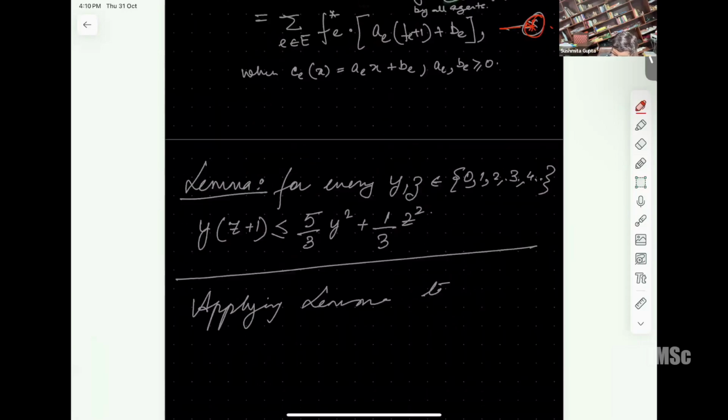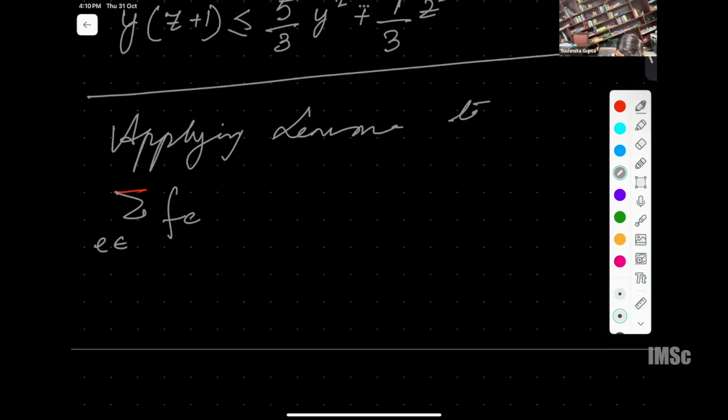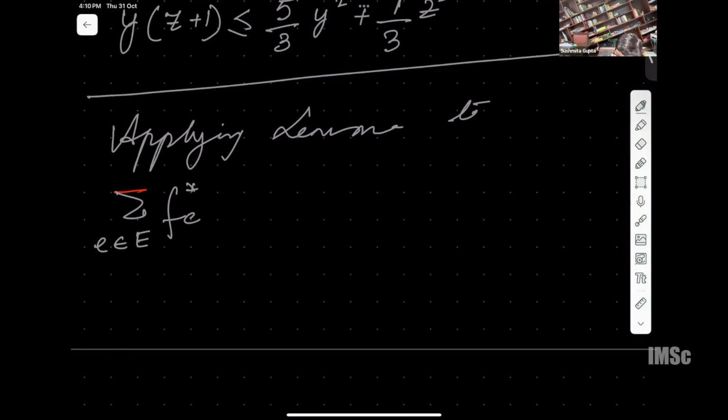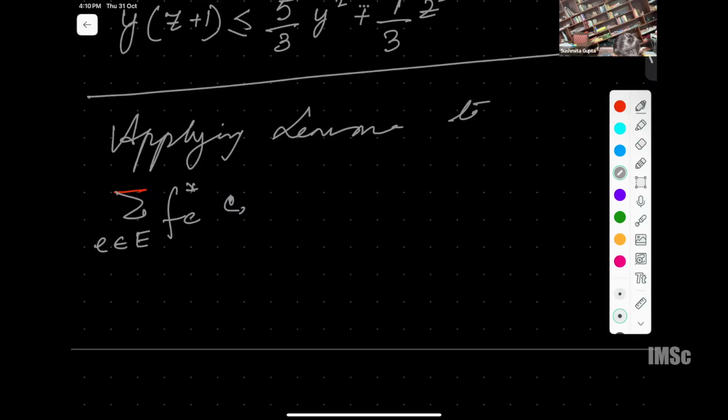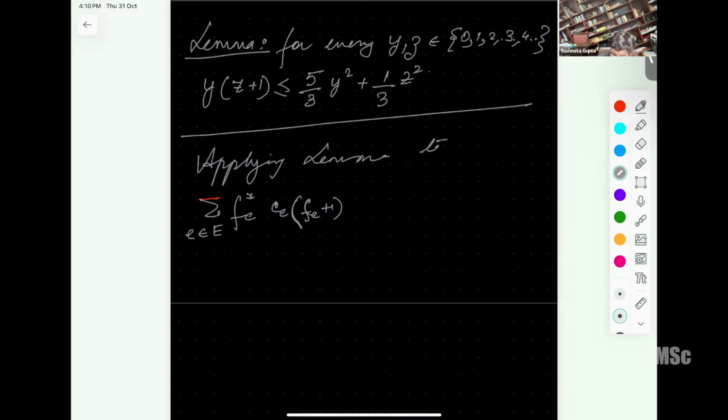So, plus 1 is less than or equal to... Yes.